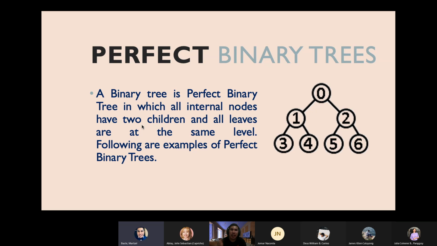So meaning sa left subtree o sa right subtree nimo same level siya. So like this one, no? Magiging perfect siya. So therefore ang complete binary tree is when it is completely filled, it will become a perfect binary tree.